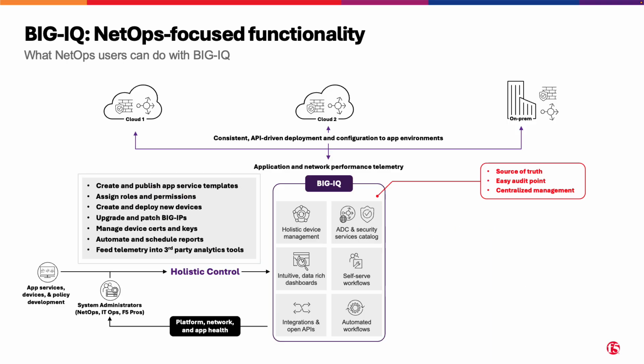For NetOps, it allows you to create and publish app service templates, assign roles and permissions, create and deploy new devices, upgrade and patch BIG-IPs, manage device certs and keys, automate and schedule reports, and feed telemetry into third-party analytics tools.